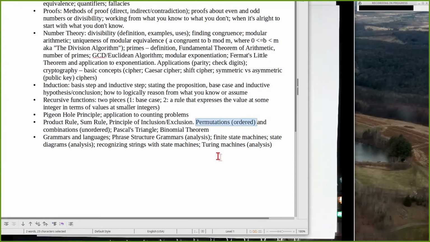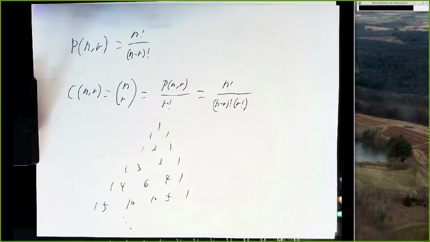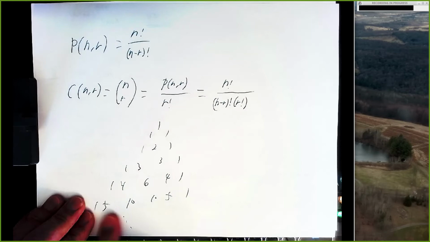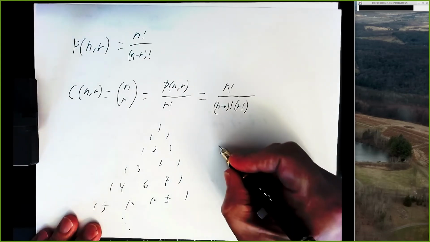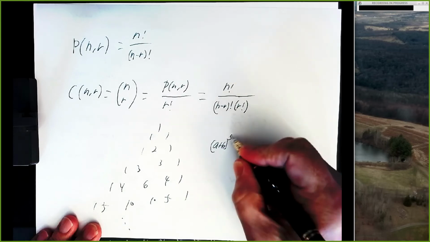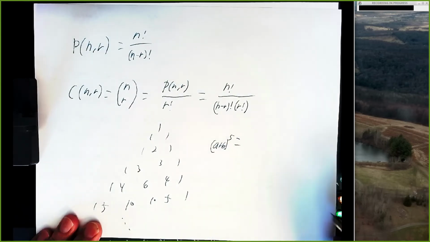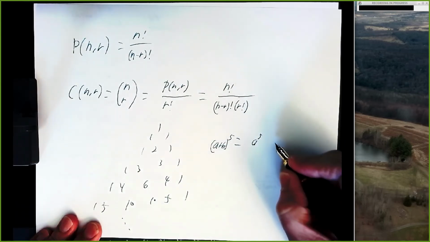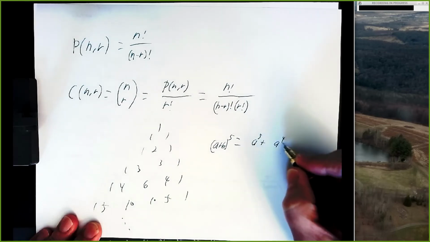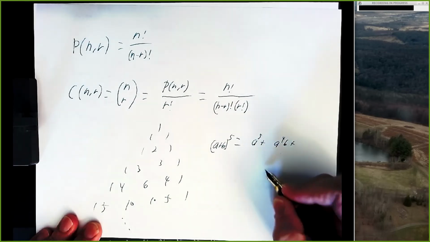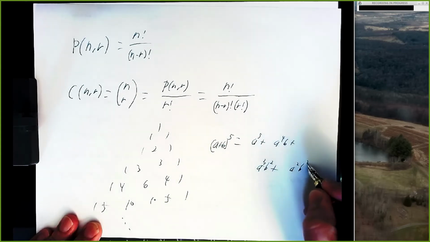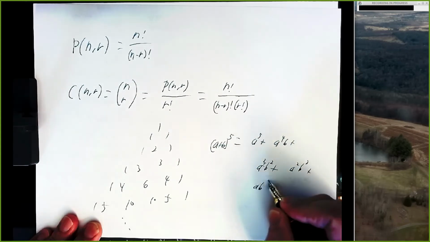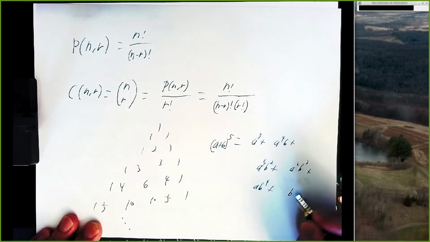And then the binomial theorem is just the observation that these are also the coefficients when you raise something like (a plus b) to the fifth. For example, we're going to get something times a to the fifth, something times a to the fourth b, something times a cubed b squared, something times a squared b cubed, something times a b to the fourth, and something times b to the fifth.